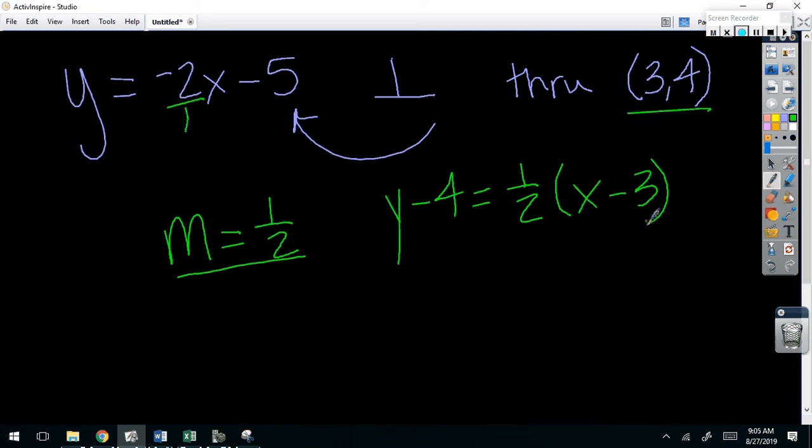The very last example is going to be a little bit of a challenge. You have the equation. This looks a little different. This is now in standard form.